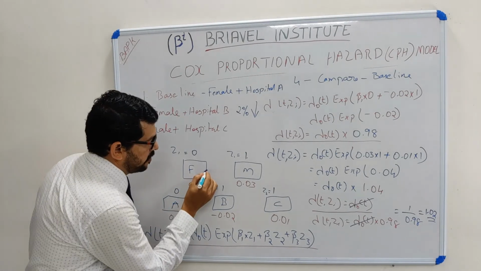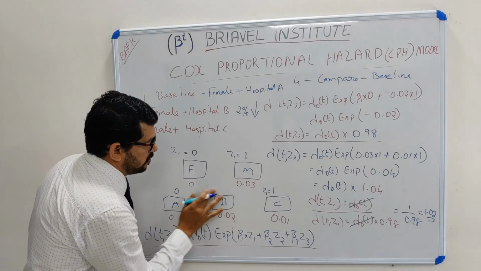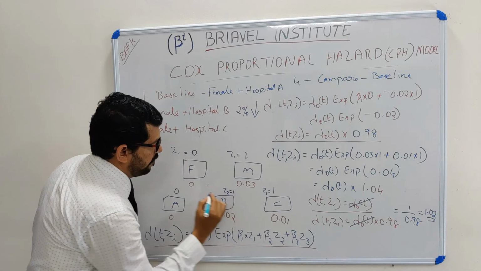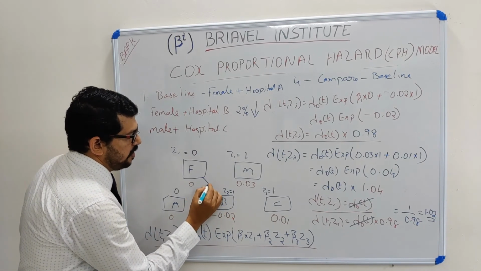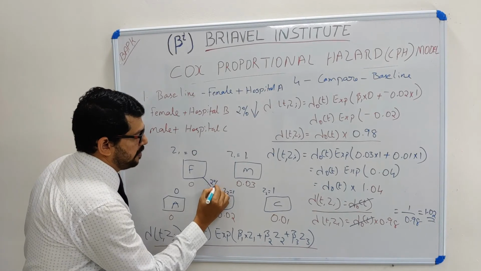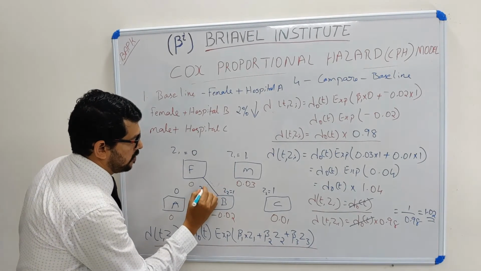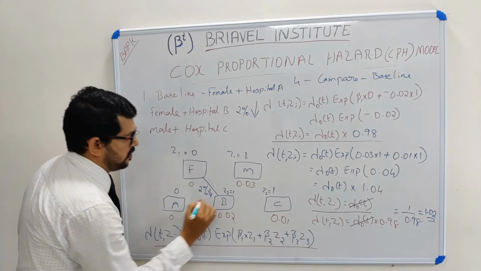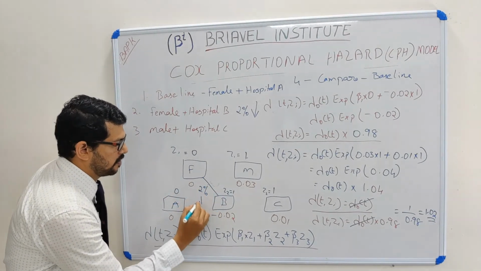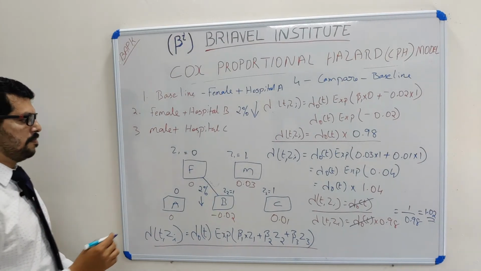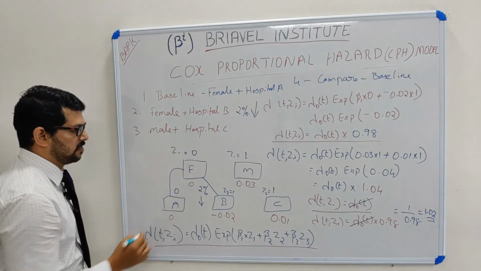Here in this combination, Z2 is equal to 1, and the risk will be 2% decreased compared with this combination.